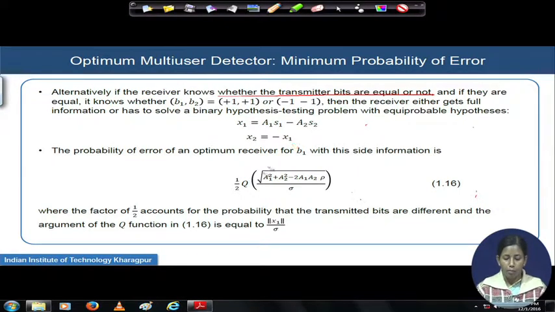The probability of error in such a situation can also be found in the form of a Q function, given in equation 1.16, with the side information that the bits are equal. The factor of half accounts for the probability that the transmitted bits are different, and the Q function will in that situation be equivalent to mod x1 by sigma.